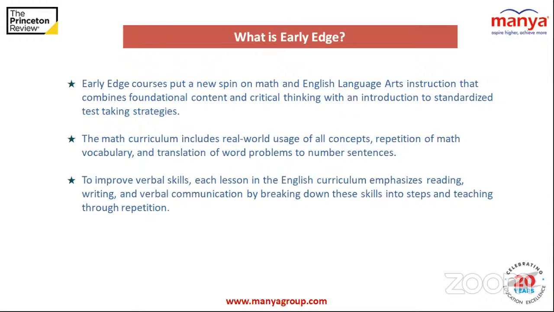Then the grammar rules, which are definitely needed, at least for your career, for drafting mails and whatever you're going to do in future. The grammar rules are essential, right? And then the writing skills, definitely. And through activities, the teachers will help you improve your vocabulary also. So this is the Early Age program overview.